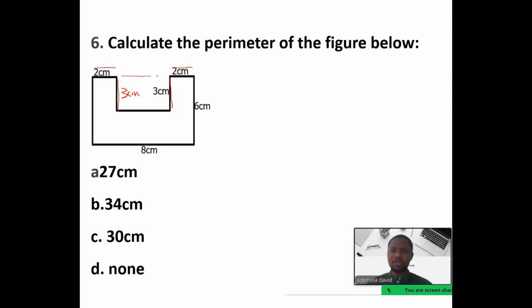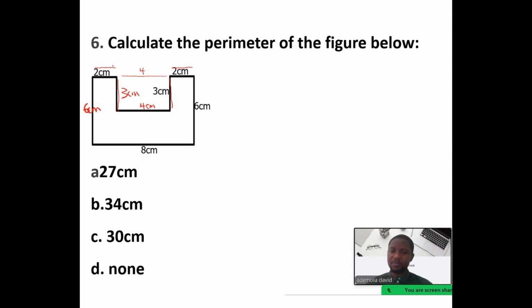So what do you need to add up to get 8? That's 4. So because here is 4, you can place here as 4 centimeters. And then for the height, you have here as 6. The other side too will be what? 6 centimeters. So now I've found all the missing side. So I can add up.